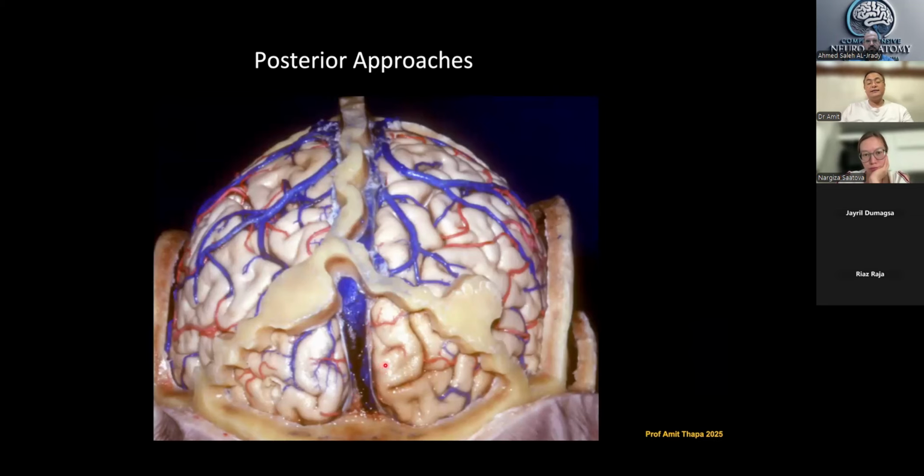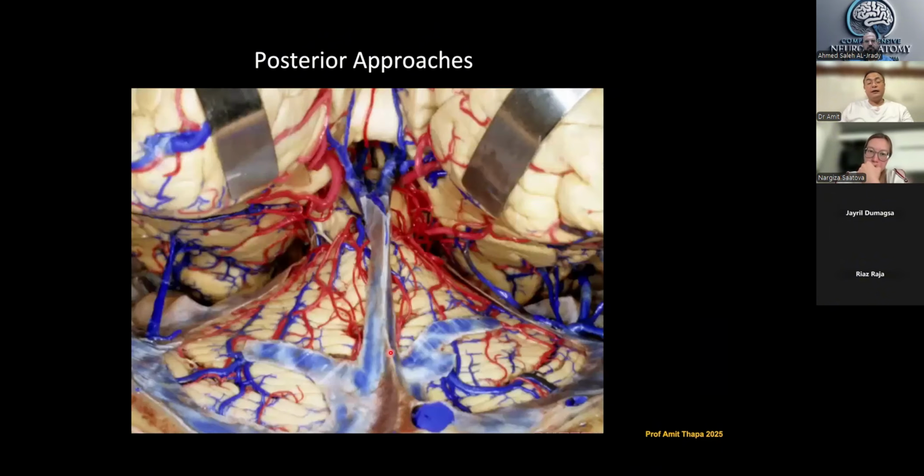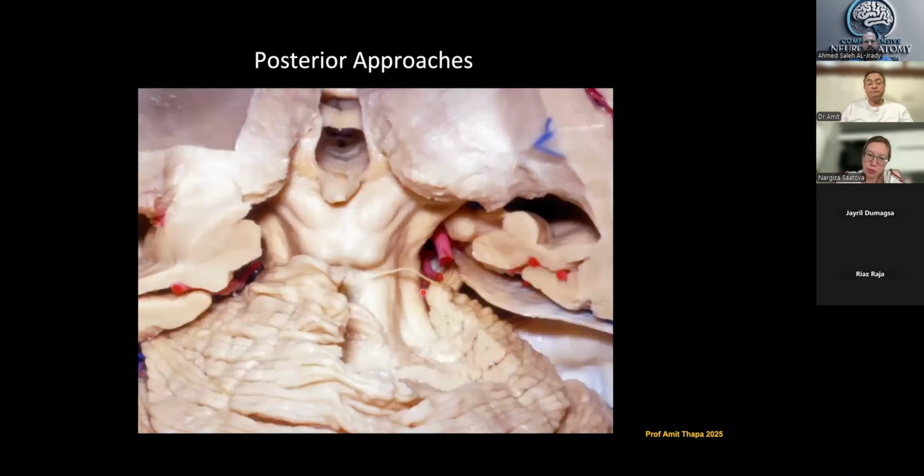So that's why you can easily retract the occipital lobe and attack the pineal gland and the superior colliculi from the top. So this is how it appears when we cut the tentorium. So you can see after lifting that occipital lobe, you can have a good view of the pineal gland and the superior and inferior colliculi and the cerebellum beneath.